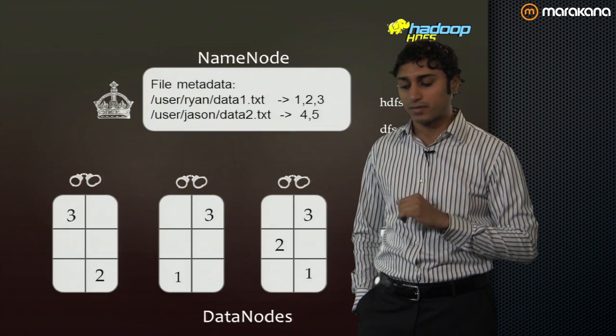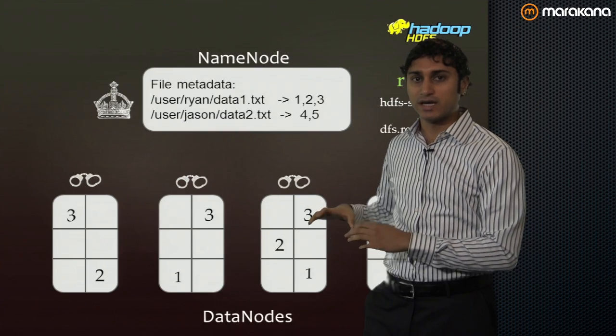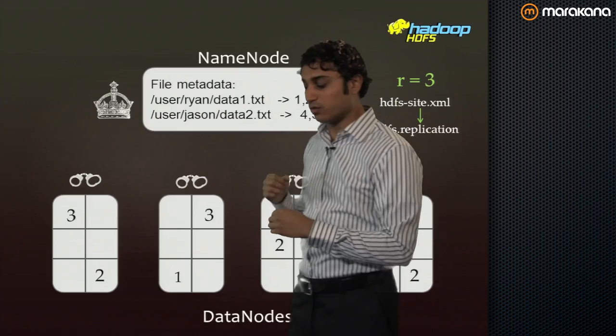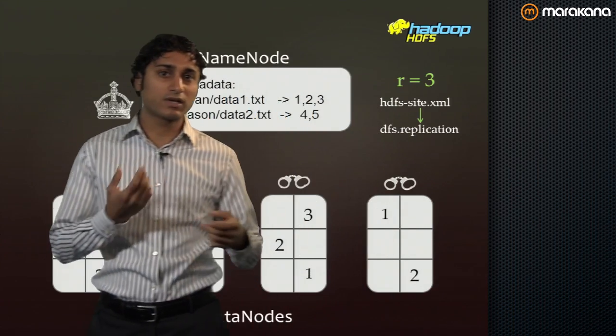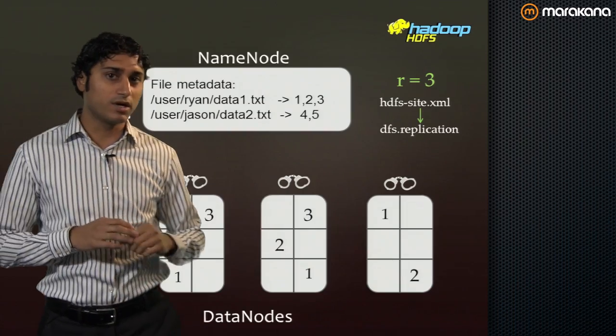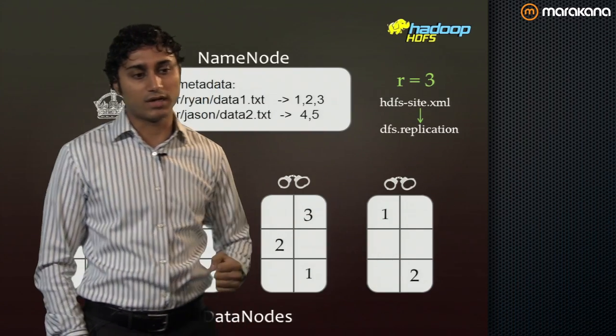And after 10 minutes, the name node will consider that data node to be dead. And then whatever blocks were on that data node will get respawned so that the replica count of 3 is achieved. The other blocks will get respawned from the other 2 remaining data nodes that should have a replica of that.